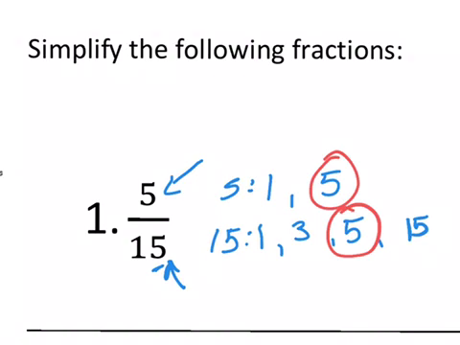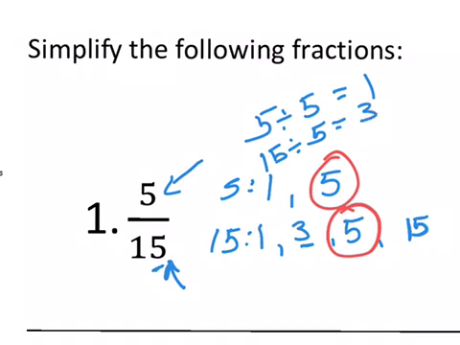So we divide the top, the numerator, by 5. So 5 divided by 5, we get 1. And then 15 divided by 5, we get 3. So this fraction simplified is 1/3.